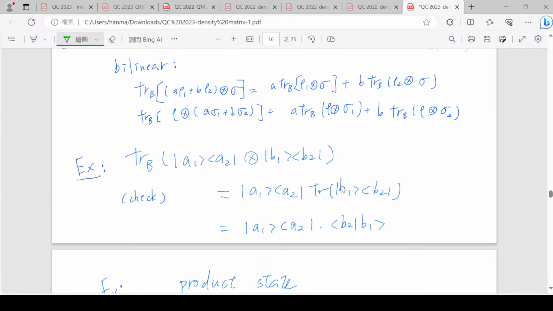So you trace |B1⟩⟨B2|, and you do cyclic, and you see this is B2 inner product with B1, and so this is a number, and so it's a number times the matrix on the A part.